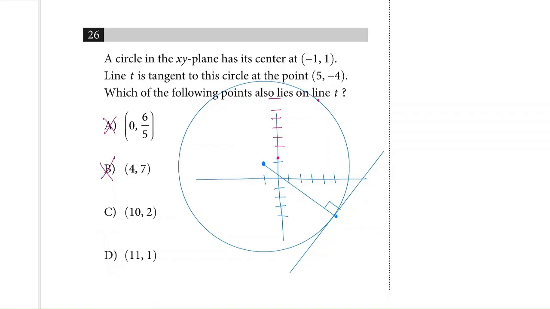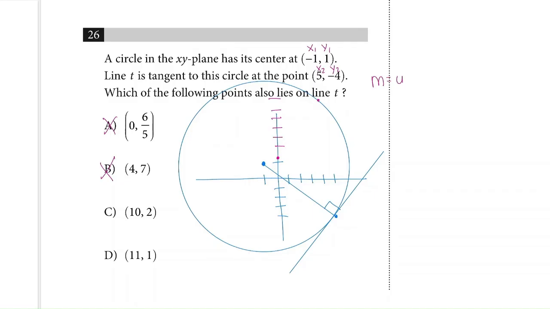Now this is important. We know that the line that's tangent is perpendicular to the line that we are already given. So what we can do is find the slope of the line that we currently have and then find the negative reciprocal, because that is the association between a line and a line that's perpendicular to it. In order to do this, we have to apply the slope formula, with x1, y1 and x2, y2.